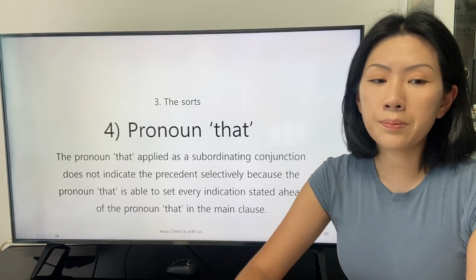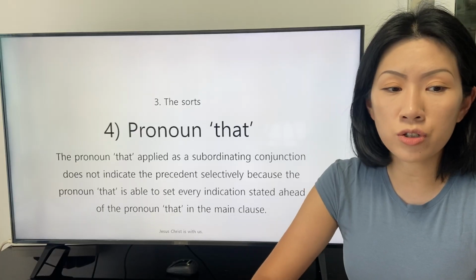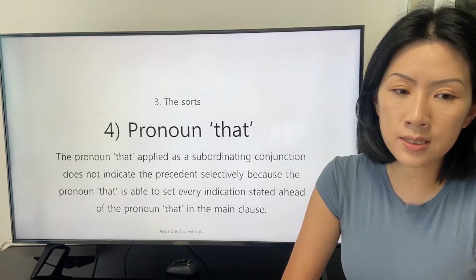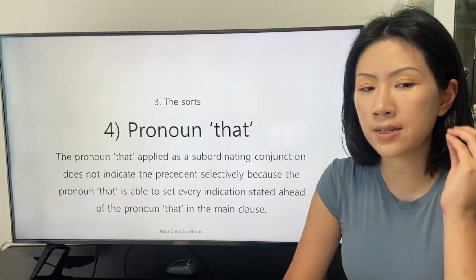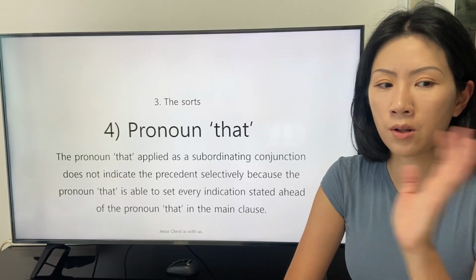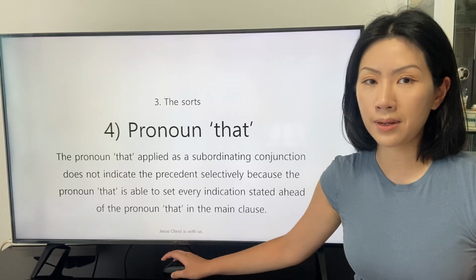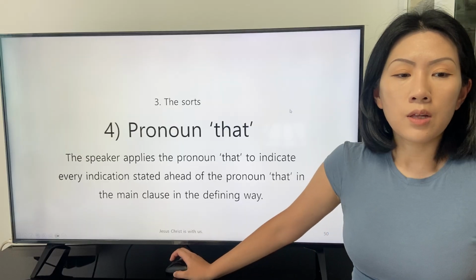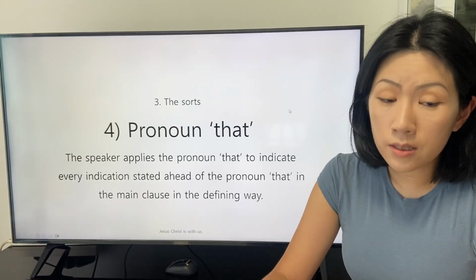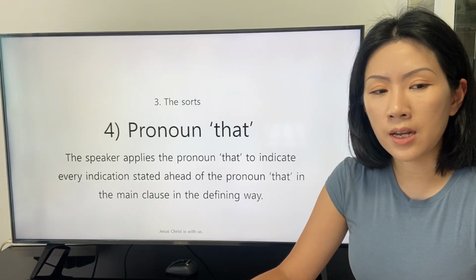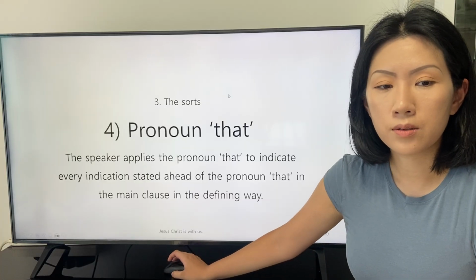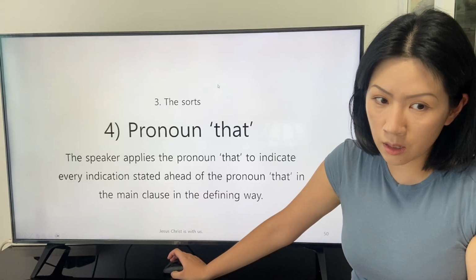The pronoun that applied as a subordinating conjunction does not indicate the precedent selectively, because it is able to set every indication stated ahead of the pronoun that in the main clause.